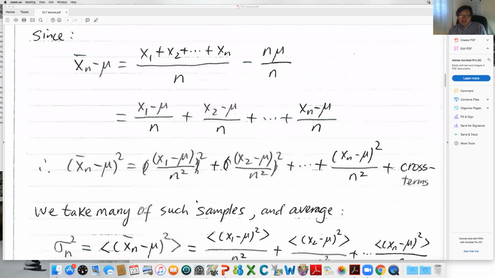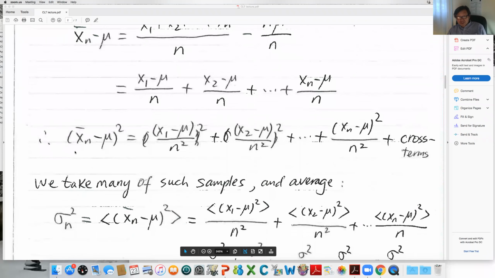Then the idea is, I don't take this measurement just one time, I take it many times, say n times, and then I do an average of this.